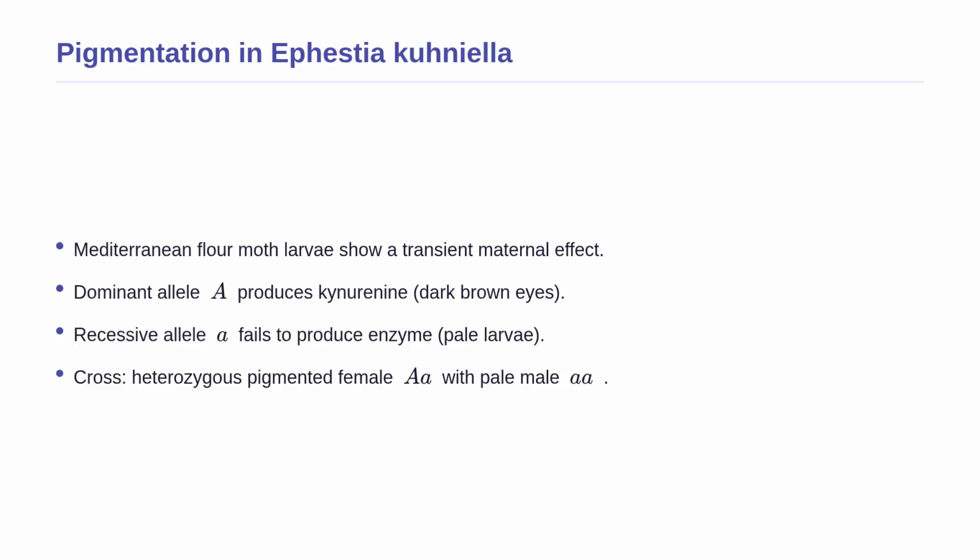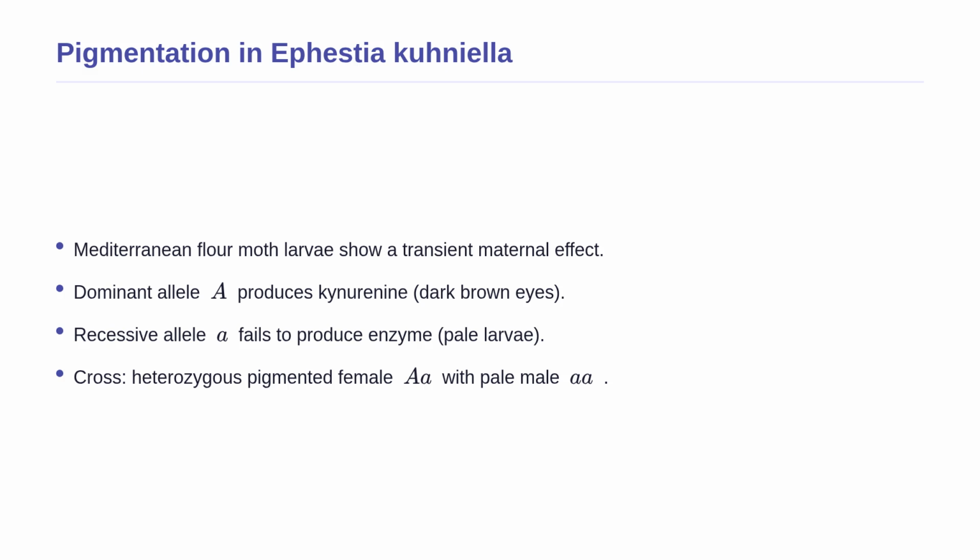Now that we have seen a permanent maternal effect in snail shells, let us explore a temporary one. Another excellent example is found in the Mediterranean flower moth, Ephestia cuniella, specifically regarding the pigmentation of its larvae. The dominant allele, capital A, produces a functional enzyme that makes a chemical called kynurenine, leading to dark brown larvae.